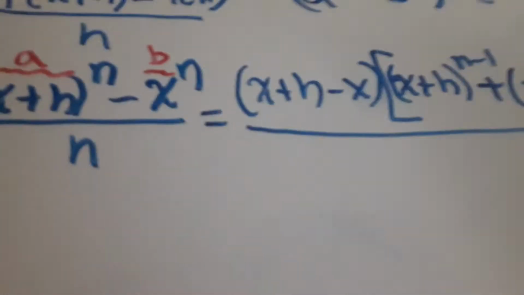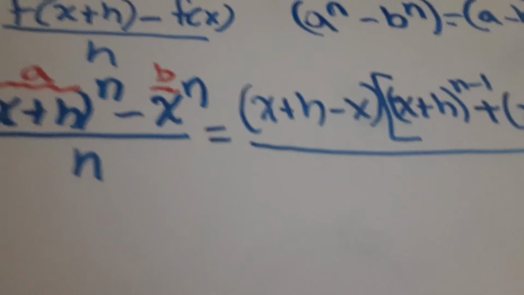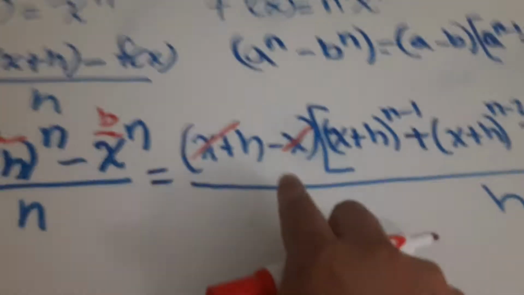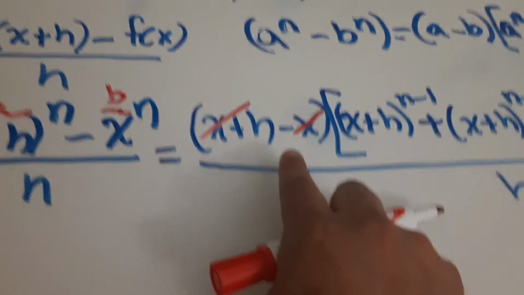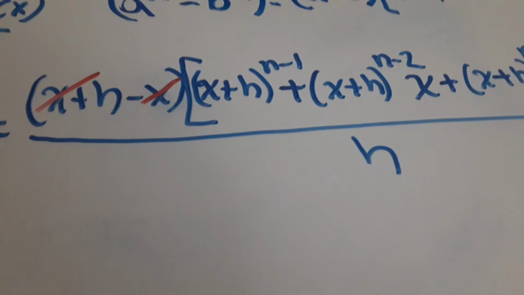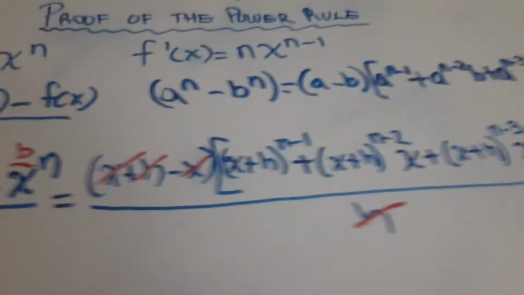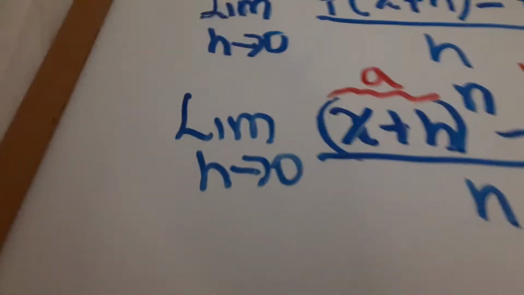So now, let's cross this out. Let's simplify this algebra. x minus x, they cross out. I'm going to have factor h here and h here, right? So we're going to cross this out too. And then remember that h is approaching 0.